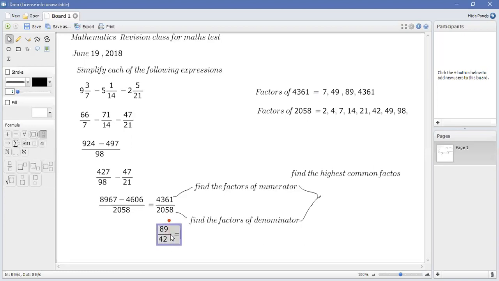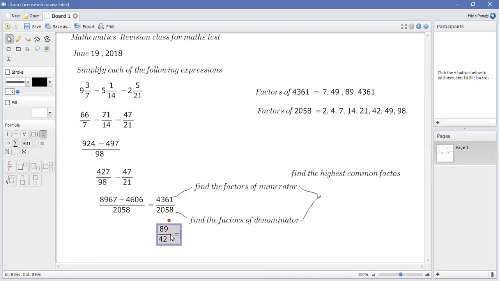So how you get the mixed fraction now, Julian? You have to convert it to a mixed fraction. Very good, Reagan. Job well done. We're going to divide 89 by 42.